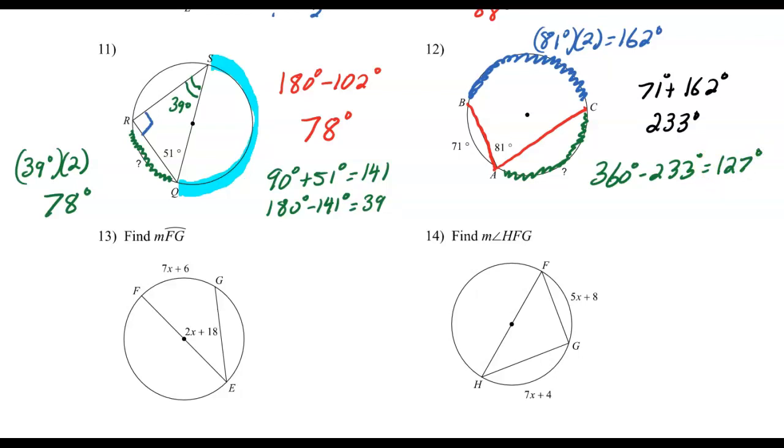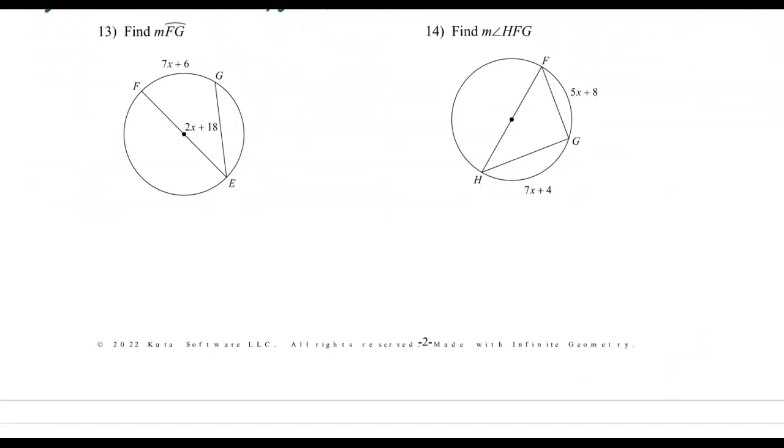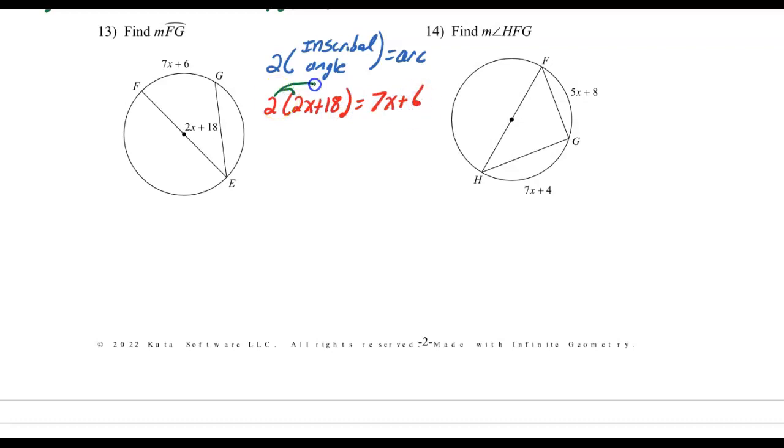The last two problems involve some algebra. So the main relationship is 2 times the inscribed angle is equal to the arc. So that means 2 times (2x plus 18) is equal to 7x plus 6. We're going to distribute. 4x plus 36 equals 7x plus 6.